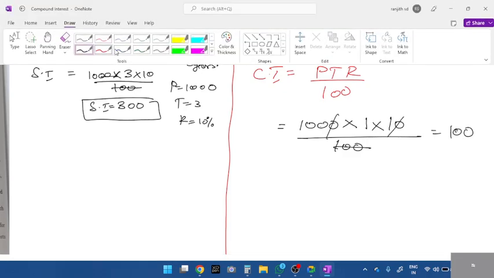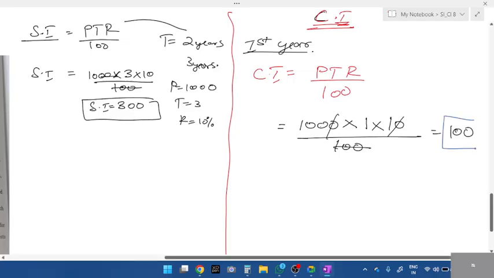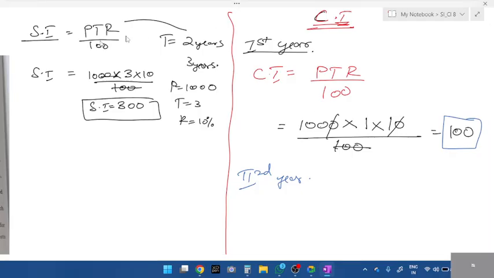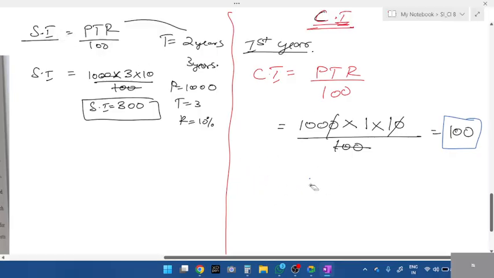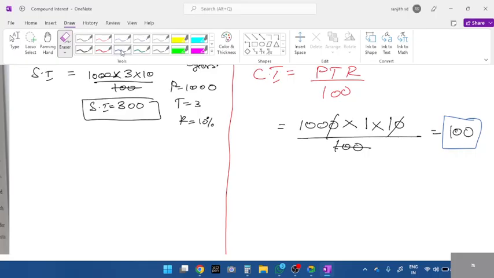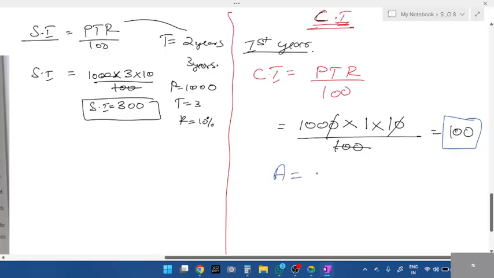100. So what is the compound interest we got for first year? 100. Now the principal will change for second year. Once you calculate this 100, along with this, you have to calculate the amount. Amount is equal to compound interest plus principal, that is 1000 plus 100. How much is 1000 plus 100?